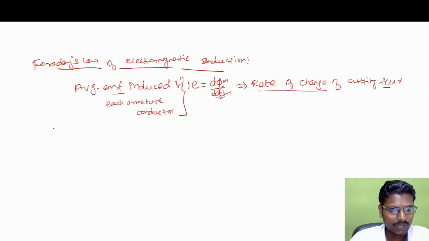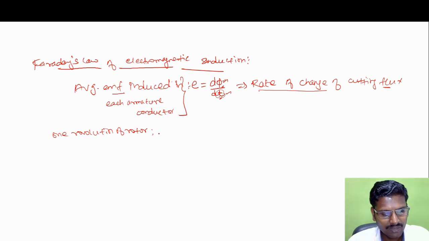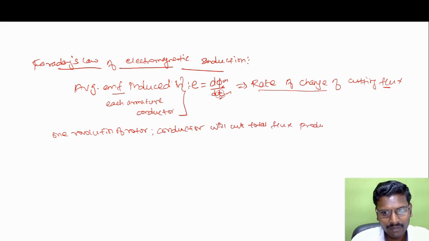So next, now we are going to consider one revolution of the rotor. For one revolution of the rotor, a conductor will cut the total flux produced by all the poles.